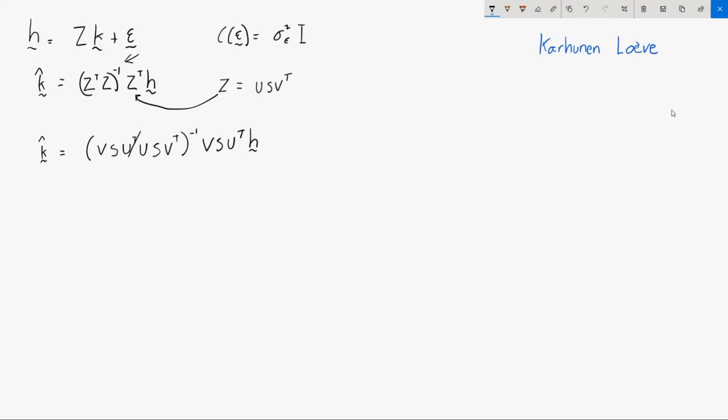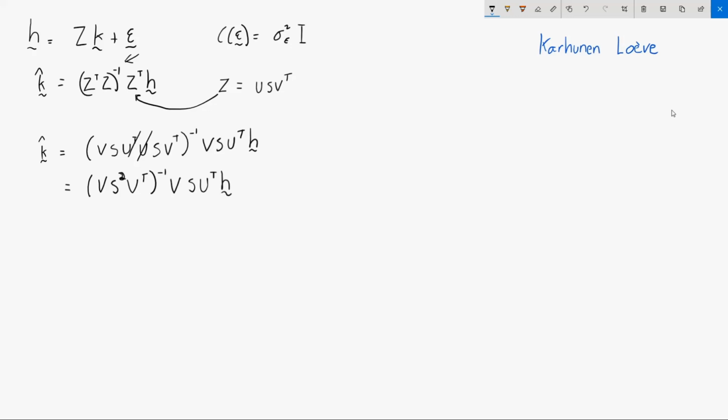Well, U is orthonormal, it crosses out. So K hat then becomes K hat equals V S squared V transpose, all to the minus 1, V S U transpose h.